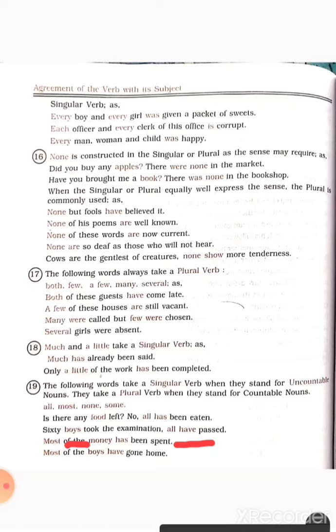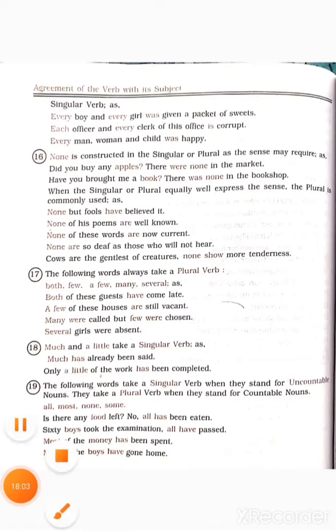And if it is an uncountable noun, then the singular verb. For example, is there any food left? All has been eaten. So food is an uncountable noun, so that is why a singular verb will follow.